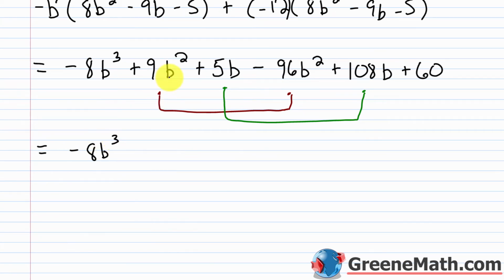And then 9b squared minus 96b squared, that's going to be negative 87b squared. And then I have 5b plus 108b, that's going to be plus 113b. And then finally plus 60. So there's your answer. Negative 8b cubed minus 87b squared plus 113b plus 60.